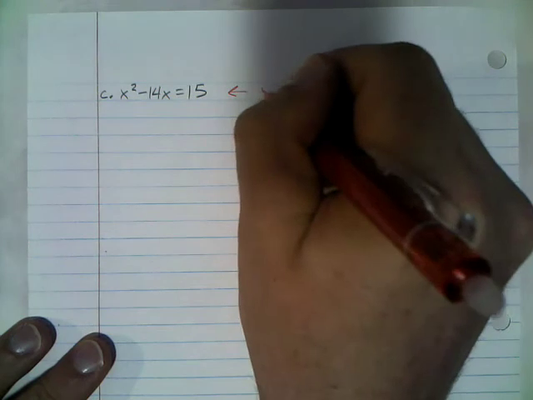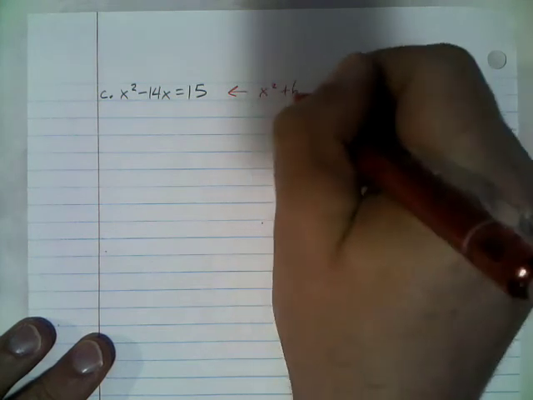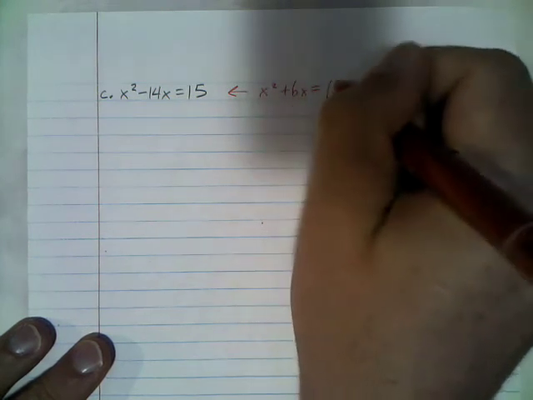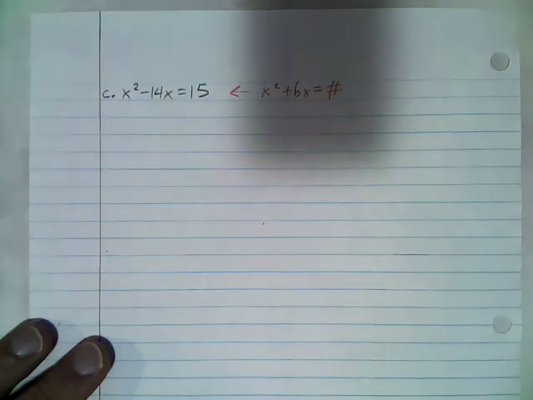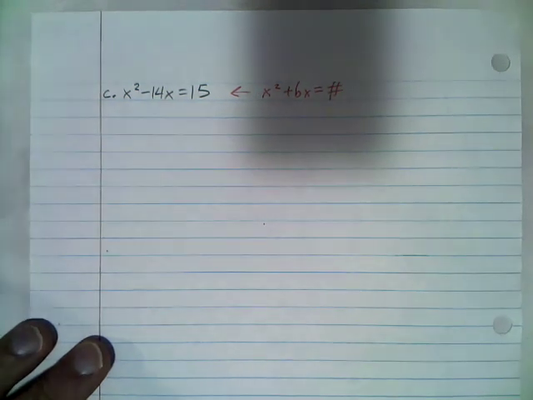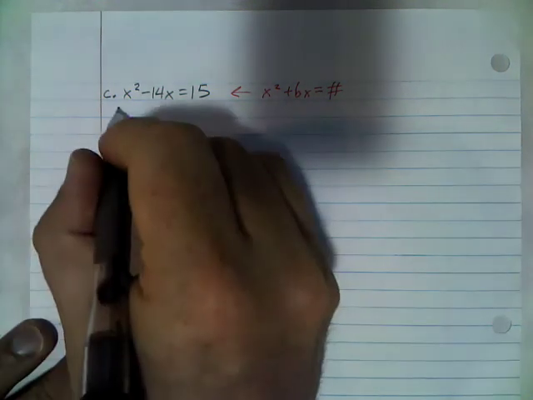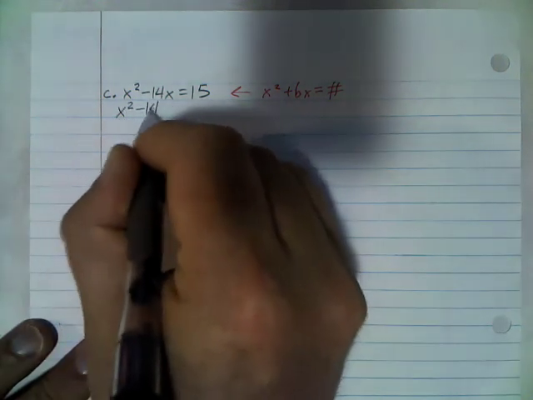So for letter C, I have x squared minus 14x equals 15. So again, we need this to be of the form x squared plus bx equals some number. Well, it's all set, so now we're ready to complete the square. X squared minus 14x.